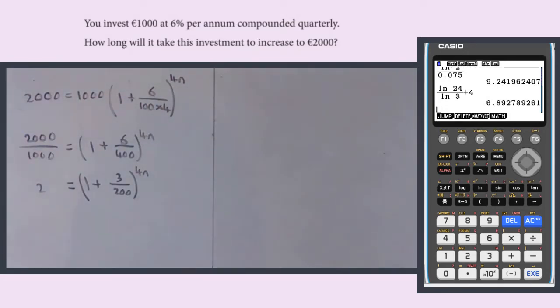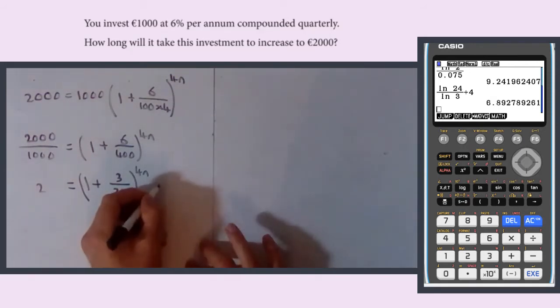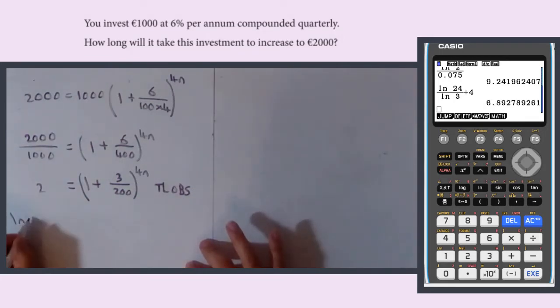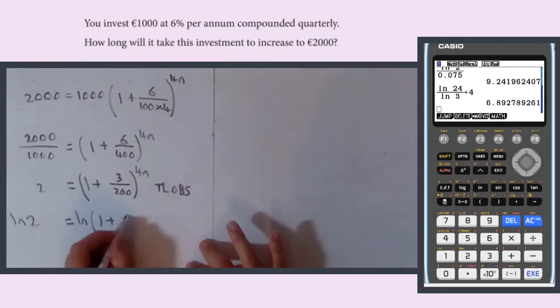So now is a good time to get the logs involved. So I'm going to take logs of both sides. So that would say ln2 equals ln of (1 plus 3 over 200) to the power 4n.